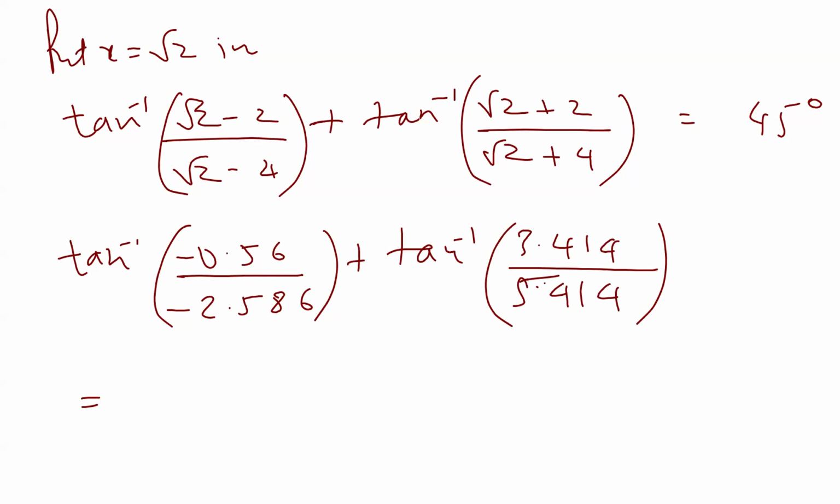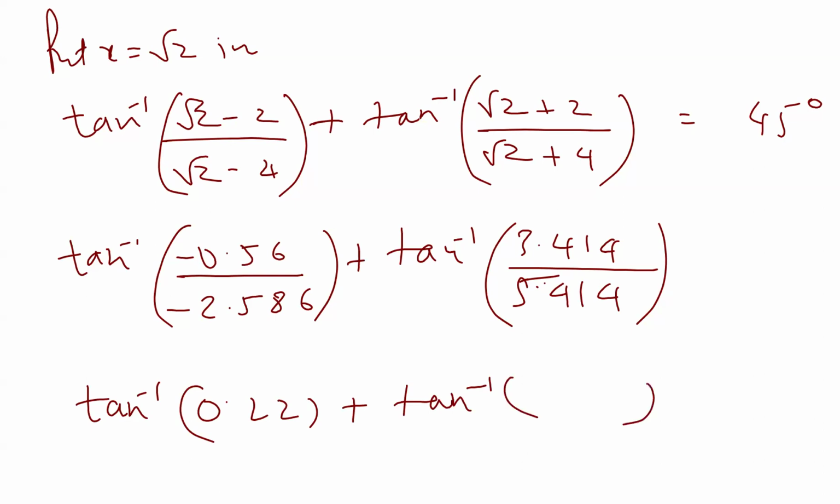Okay, so this is tan inverse of 0.586 divided by 2.586, that is 0.22 (ignoring sign), plus tan inverse of 3.414 divided by 5.414. This is 0.63.